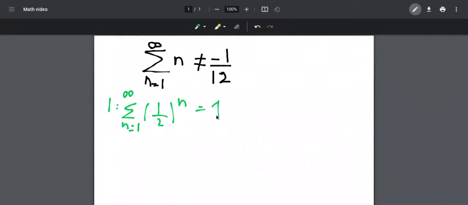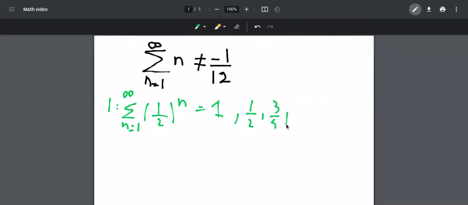We know that. But if you write the partial sums, the first is 1 half, then 1 half plus 1 fourth, which is 3 fourths.